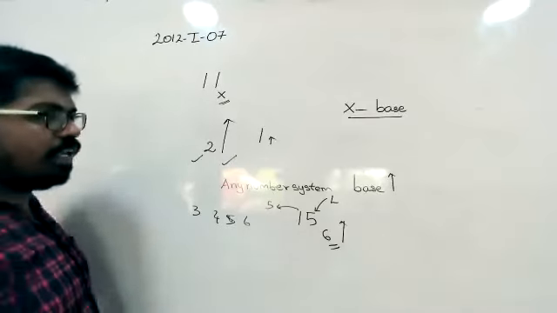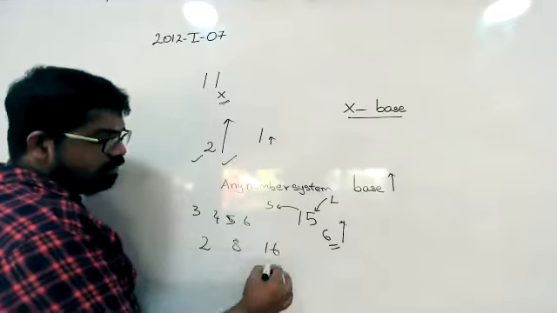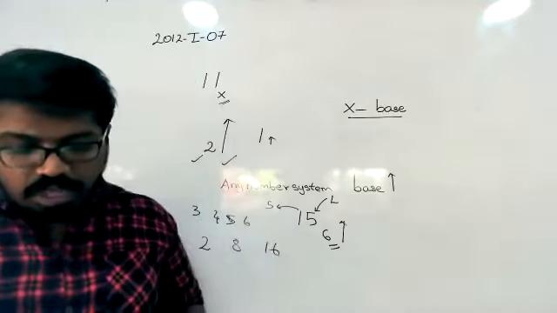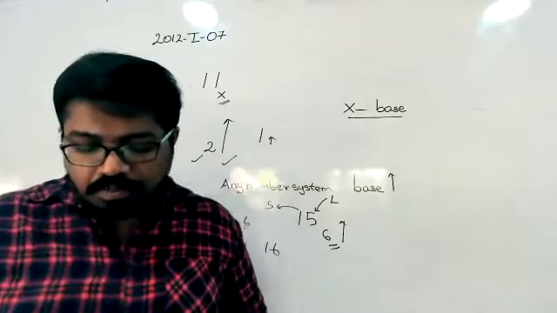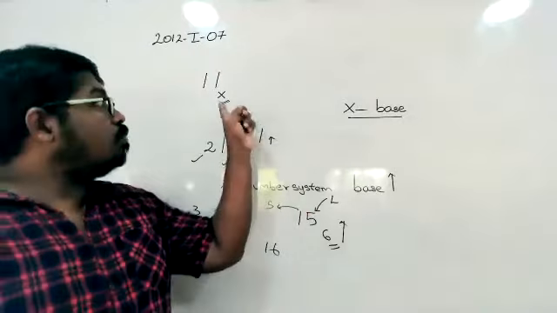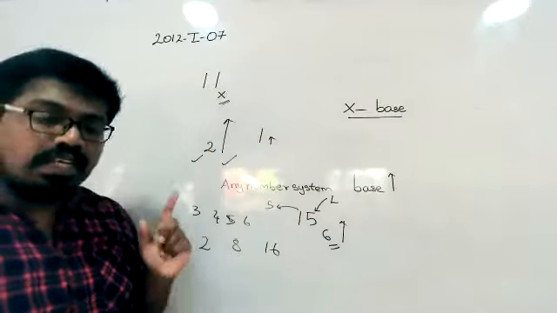But in our syllabus, we have base 2, base 8, base 16. So your answer option is either binary, hexadecimal, or octal. We can put 2 here, or 8 here, or 16 here. It doesn't matter.